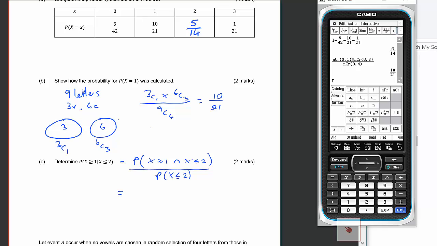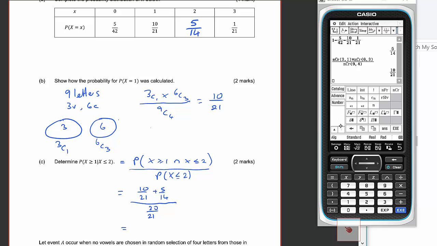So the top here is just x being 1 or x being 2, so that's going to be 10 over 21, add 5 over 14. X less than or equal to 2 is everything but this one, so that's clearly going to be 20 over 21, and we just need to then calculate that.